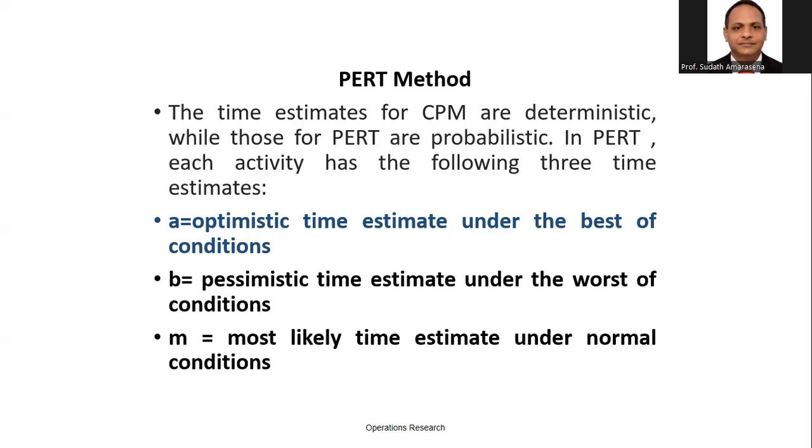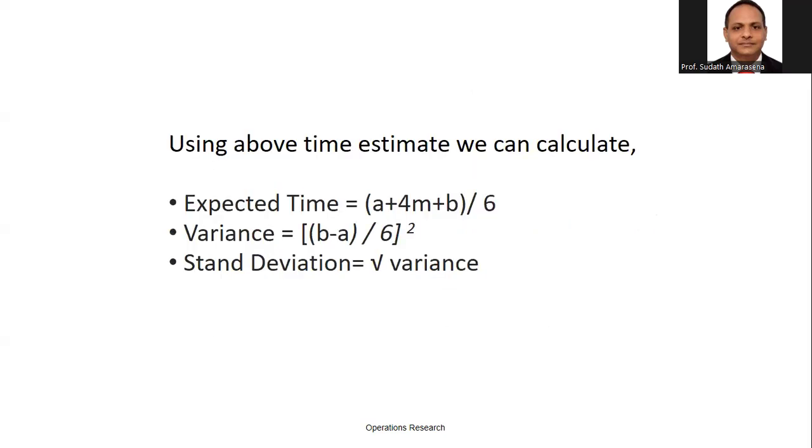Based on optimistic, pessimistic, and most likely, we calculate the expected time. We can use the formula: expected time equals (A plus 4M plus B) divided by 6. Then we can identify the expected time for each activity.